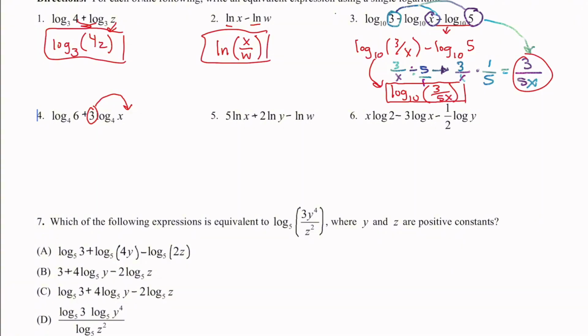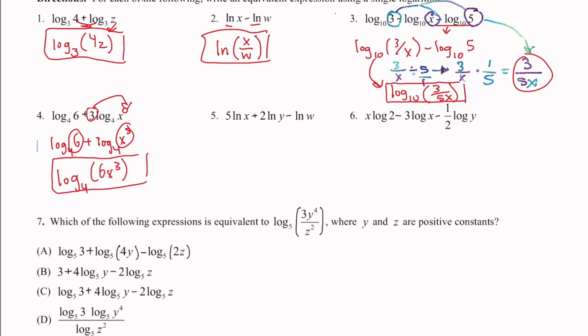If I rewrite this equation, log 4x, that 3 was moved to here. So now it's x to the power of 3. Now when we look at what we are multiplying, since this is an addition problem, we're multiplying 6 times x to the power of 3. So it's going to be log 4 times 6x cubed. So that's our answer.